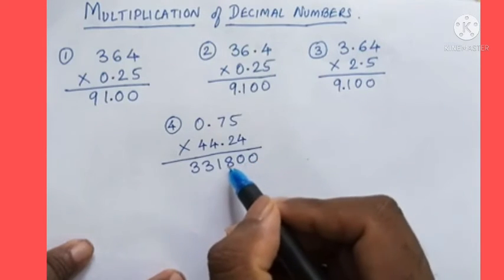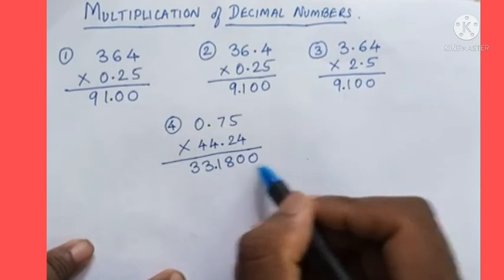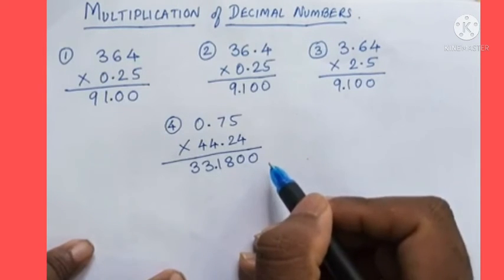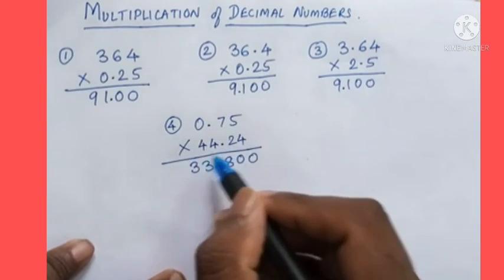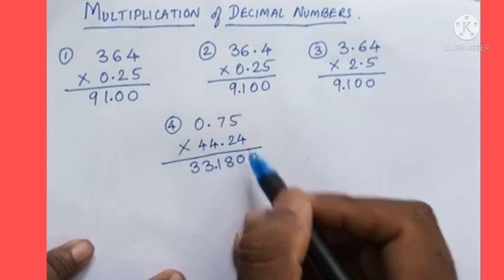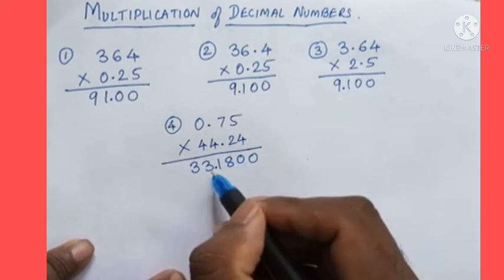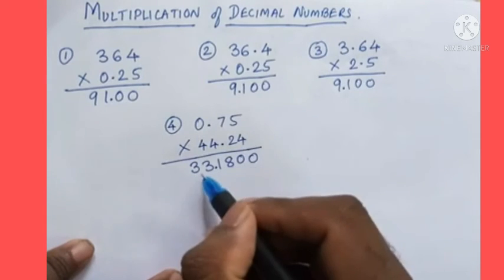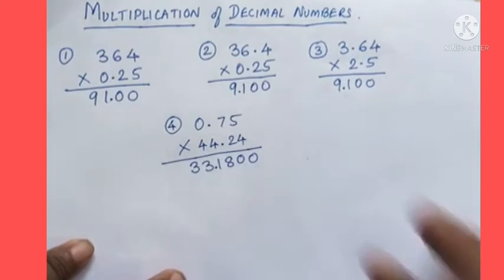So counting the last 4 digits, we'll place the decimal point here such that we have 4 digits after the decimal point. Hence the final answer for 0.75 multiplied by 44.24 is 33.18, which can also be read as 33.1800. Both are the same.